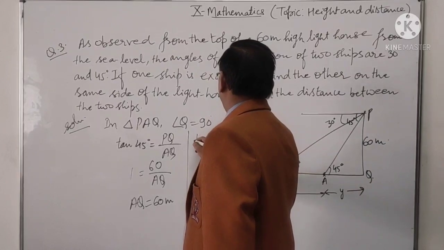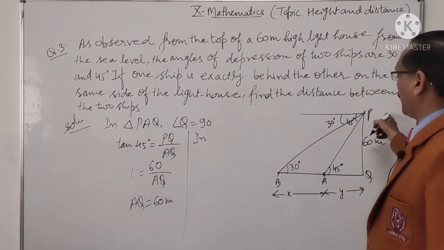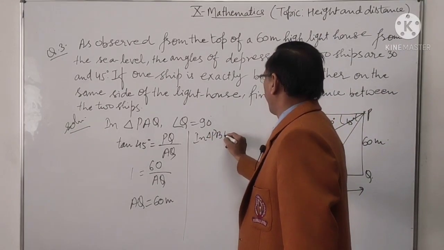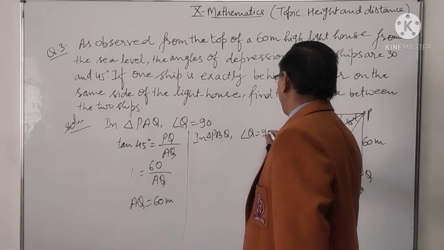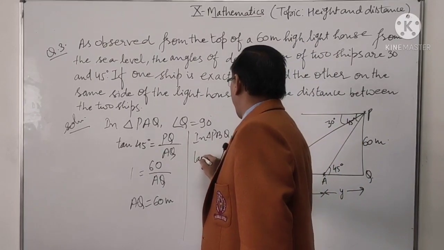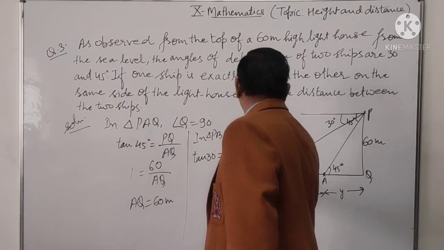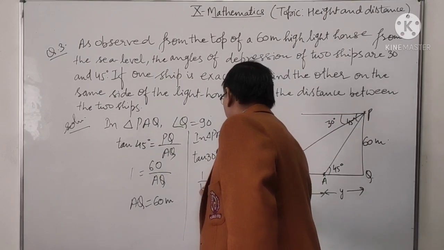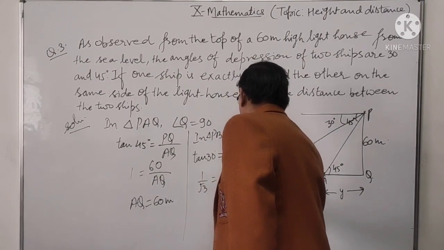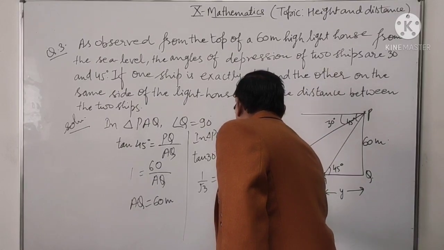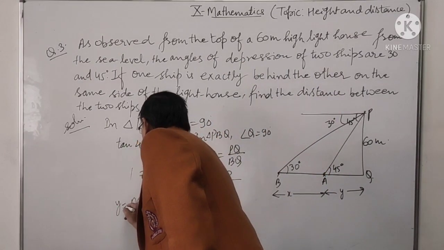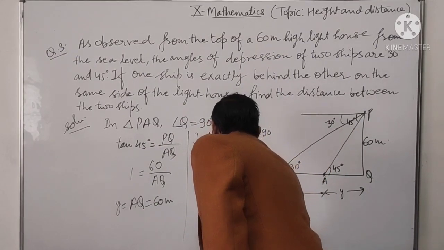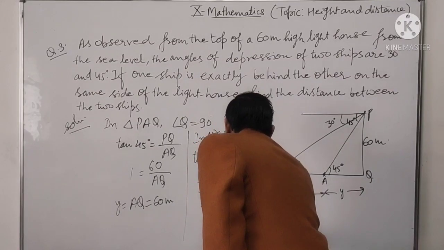Now in triangle PBQ, angle Q is 90 degrees, then tan 30 degrees is PQ upon BQ. It is 1 upon root 3, PQ is 60, and BQ is x plus y, where y is 60 meters. Then cross multiply, x plus 60 equals 60 root 3.